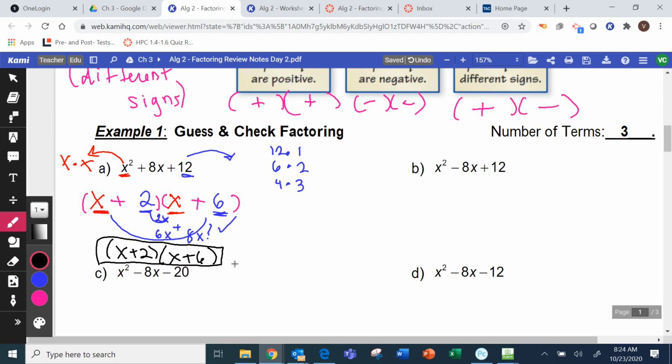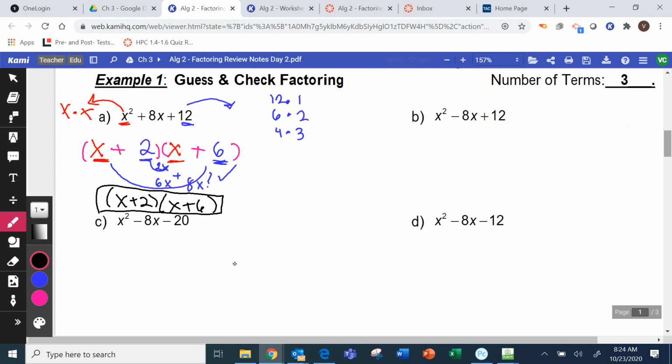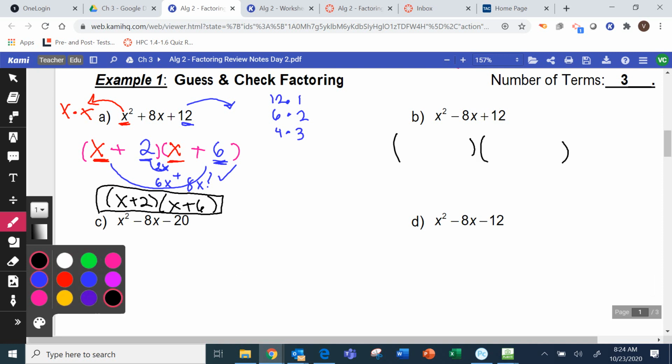Okay, let's try B. So we look at question B. The first thing that I look for is what signs I'm going to use. And the C, that plus 12, is going to tell me the signs. If that is a positive, it's going to tell me same sign.